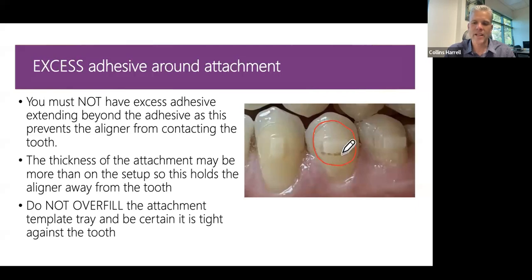And so this area is going to hold the rest of the aligner away from the actual surface of the tooth. And so the whole entire surface of the tooth is not going to be getting good contact from the aligner. So make sure that you don't have all this extra composite material. Okay, you want attachments that are really clean and right on the tooth without all this extra composite.